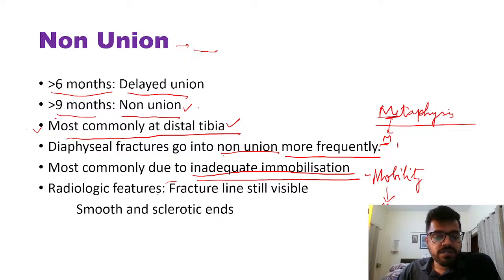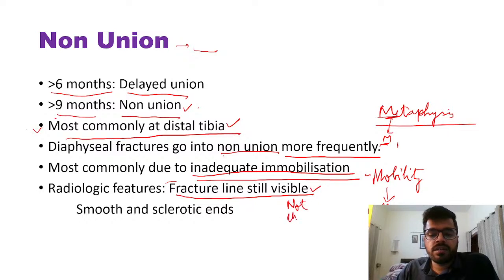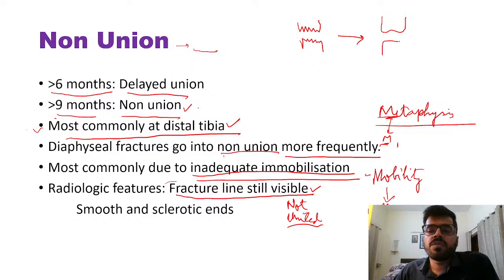On radiologic examination, what do we see? We see that the fracture line is still visible. The fracture has not united. For example, this was the fracture. This was a fresh fracture. Then when it goes into non-union, these ends will be smooth. This will not be sharp as they were here, and these ends will be sclerosed.